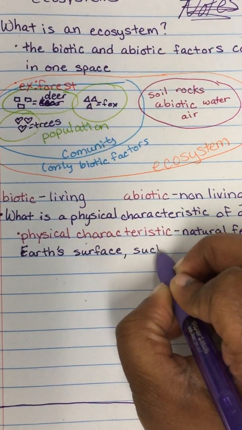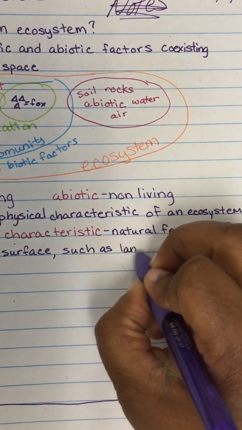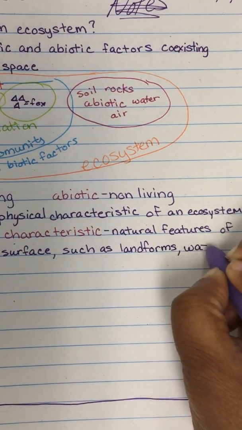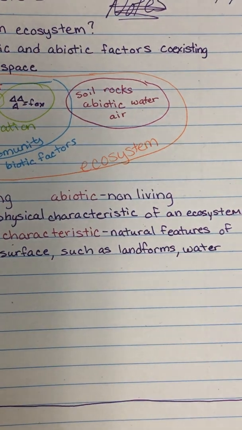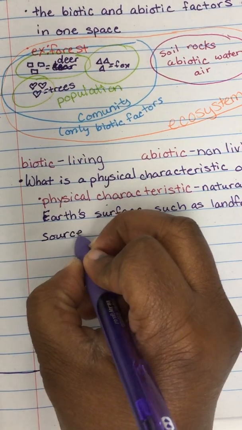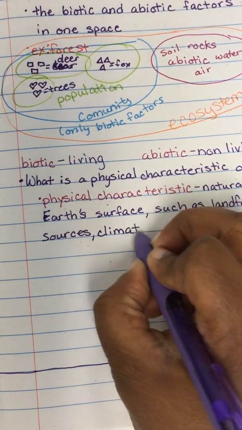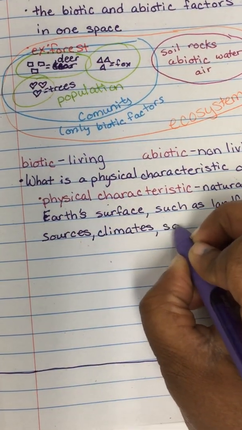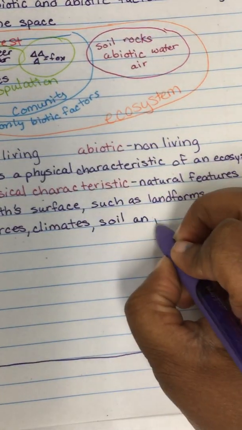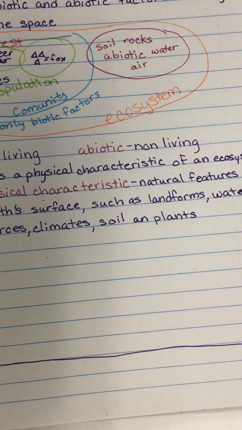Such as landforms, water sources, the different climates we have, soil, and plants. For now, we are not including animals in this.